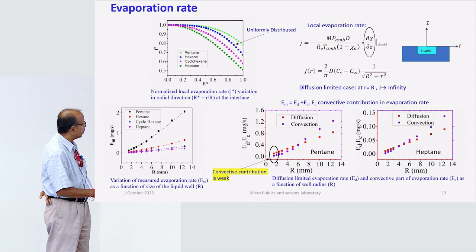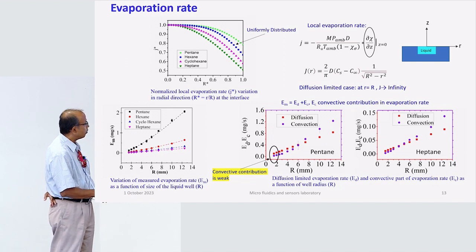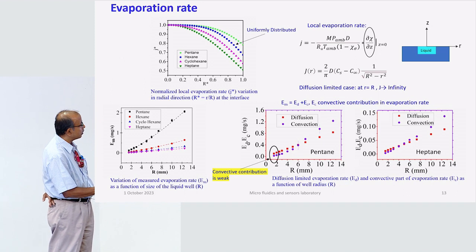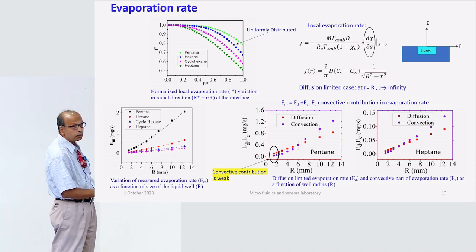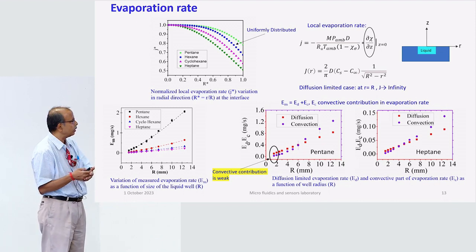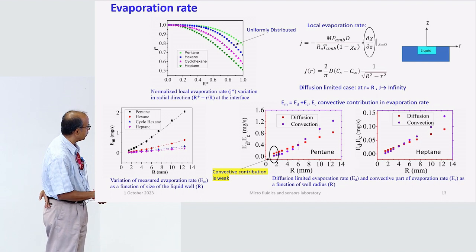The total evaporation comes from a contribution of diffusion and convection. What we did was get the diffusion part from this simulation and subtract it from the total, and we say that any difference between the experiment and the simulation is because of convection playing a role here.